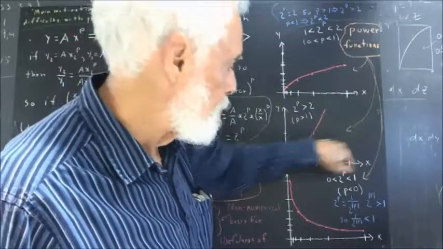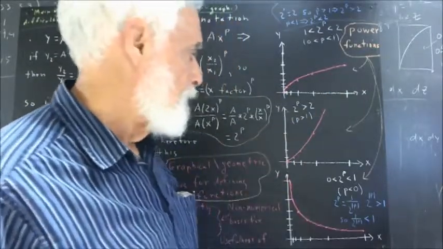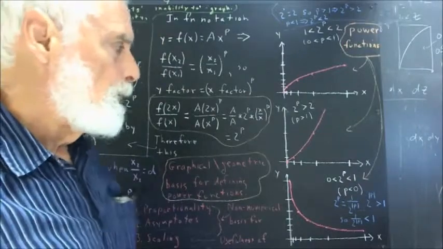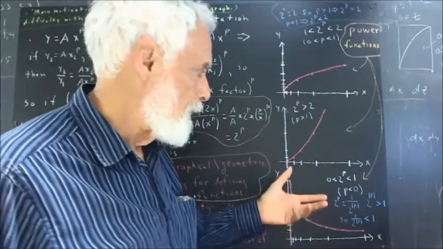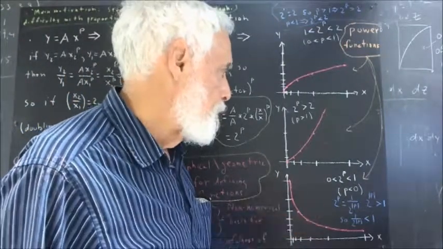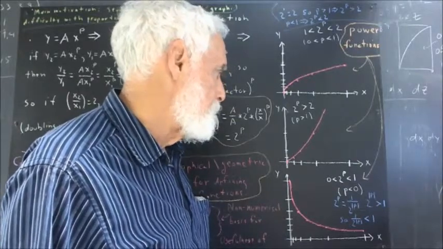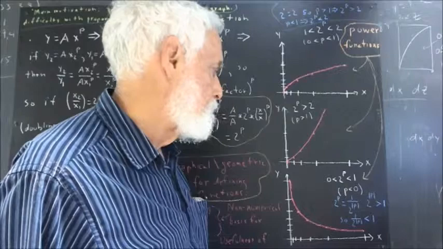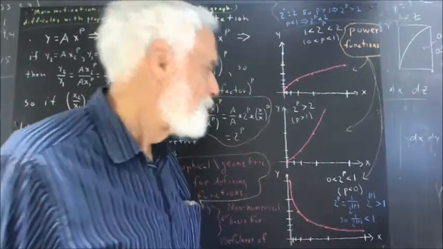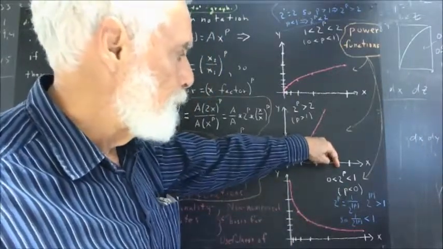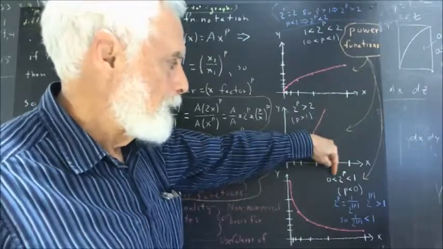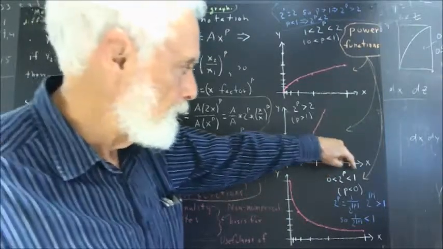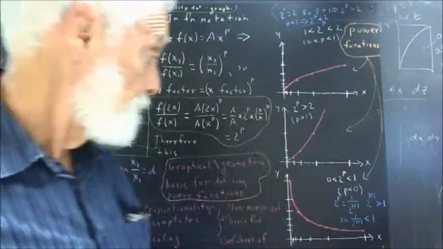And if p is less than 0, this is what we get. There's no power that makes 2 to the p less than 0. So this is the last possible case.